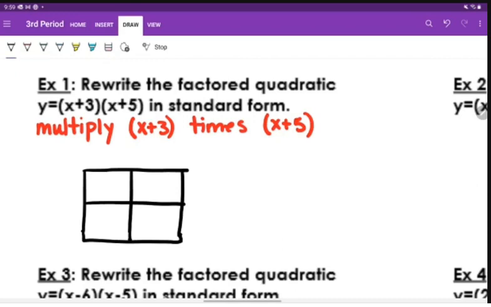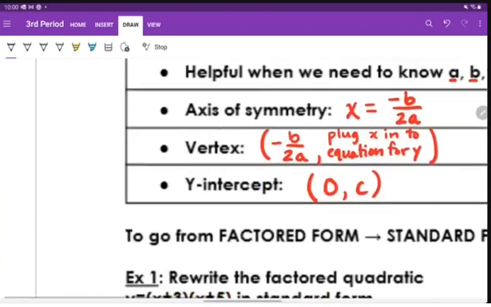We're going to label the top of our grid with the x plus 3. And then we're going to label the left-hand side of our grid with the x plus 5.